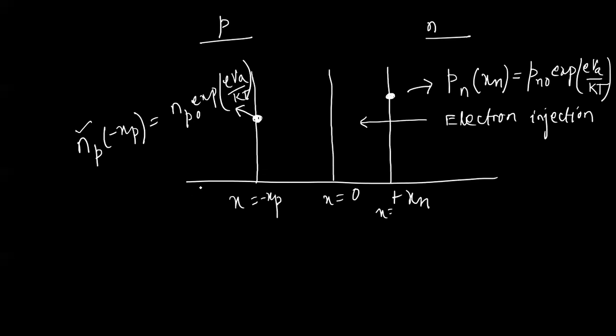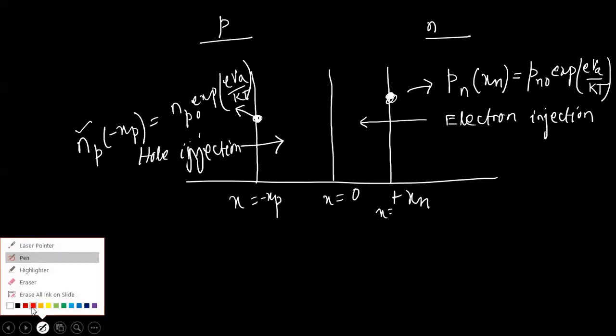Well, hole injection is along this direction, in the direction of the diffusion force. So hole injection will be in this direction. These concentrations I have shown you at two different points, not exactly equal.